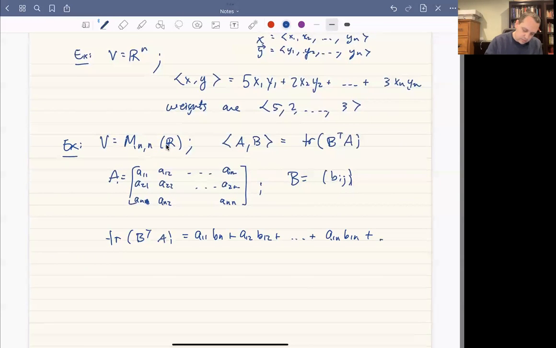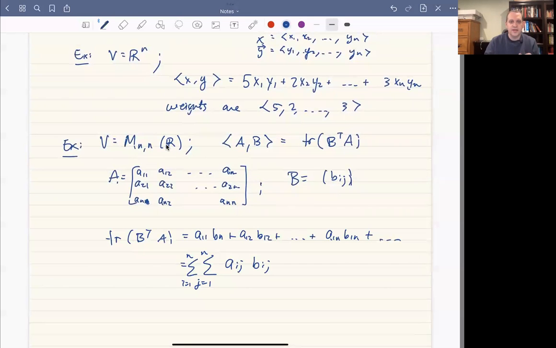And so what you get is the sum of the values A_ij B_ij, where i and j go from 1 to n. So you just take the products of corresponding entries in the matrices, and then you add them up.